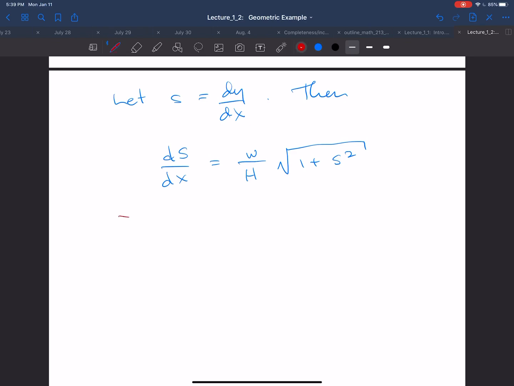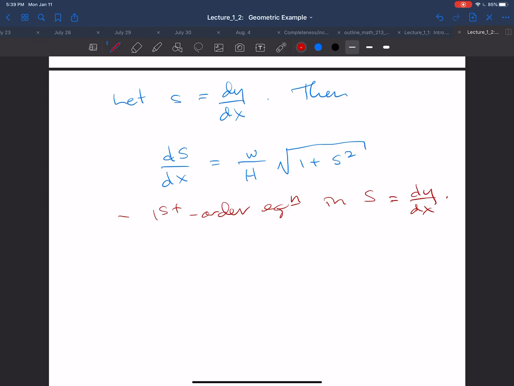So that's converted it into a first order equation in S. So that's a trick that works for this example. In general, it's not that easy to solve second order equations. You can't just reduce them to first order equations as we have here.